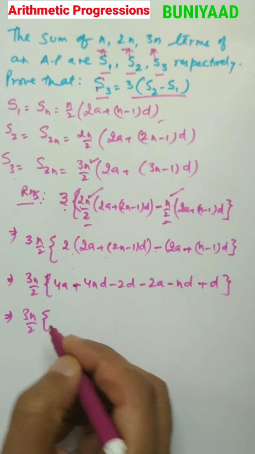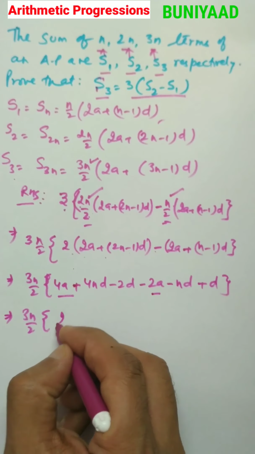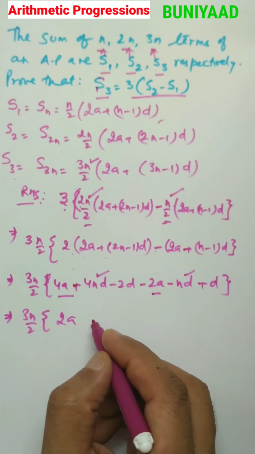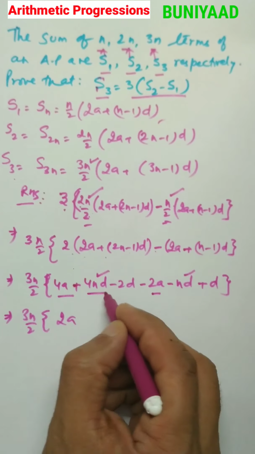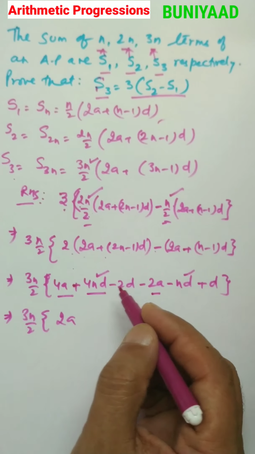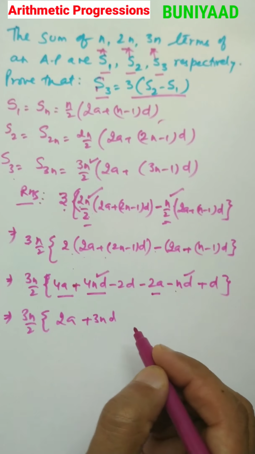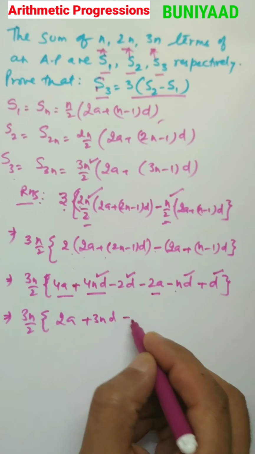This is 3n by 2, 4a minus 2a, 2a, 4nd minus nd, 3nd, minus 2d plus d, minus d.